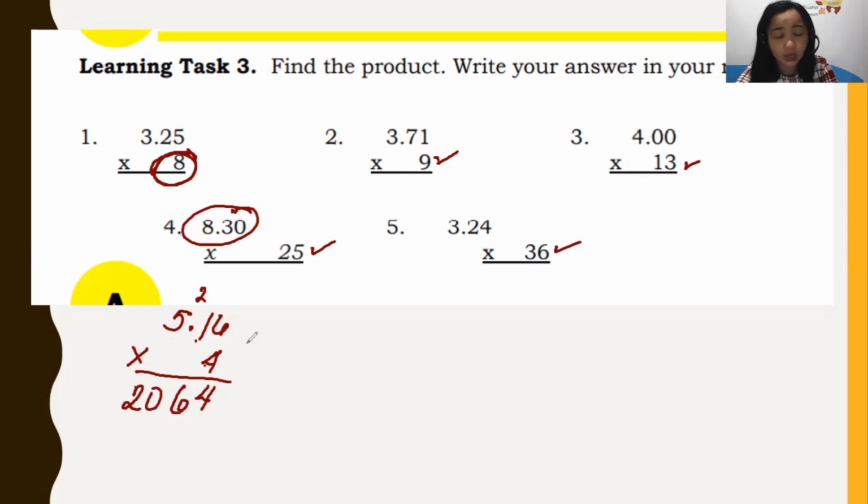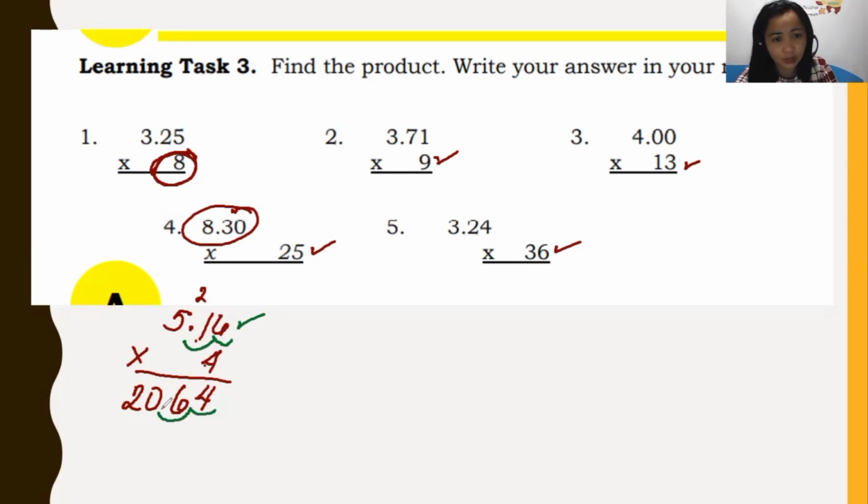So here, ang may decimal places lang or decimal point lang ay ito. Itong nasa taas. So ito lang ang bibilangin mo. We have 1, 2. Wala namang decimal point itong whole number. So sa inyong product, we have 2 decimal places. 1, 2.